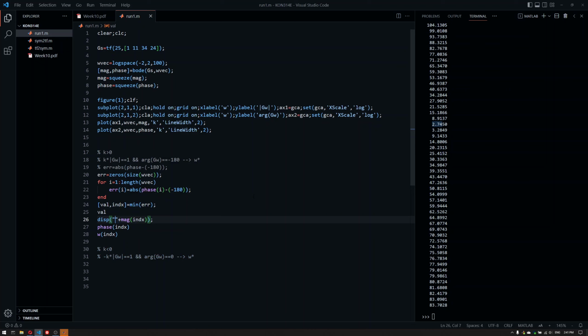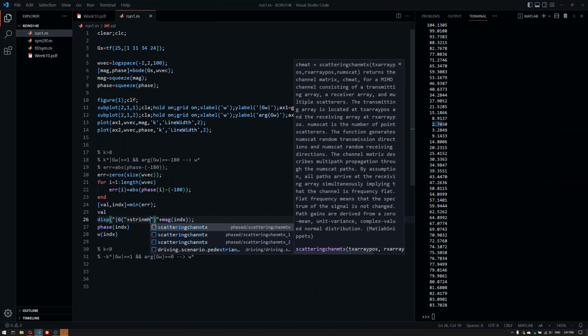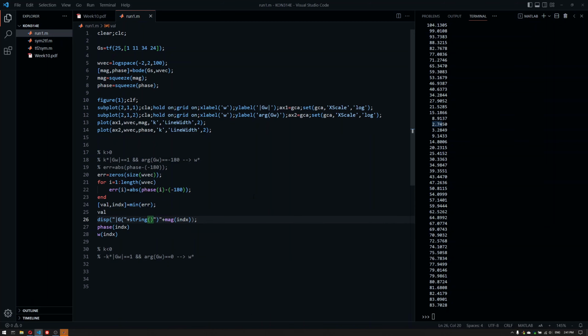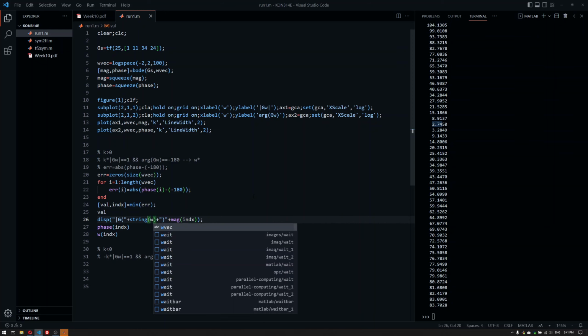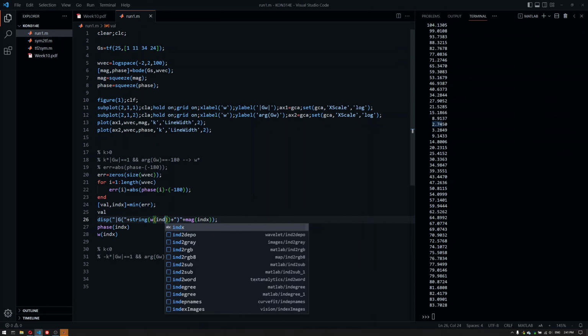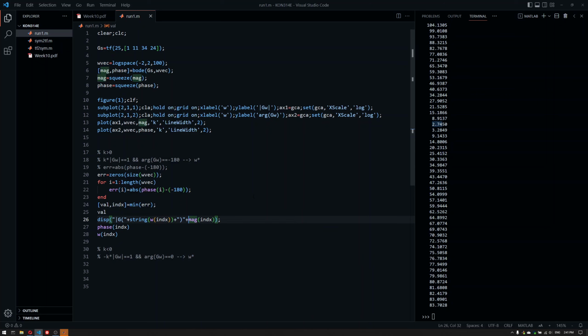So this is going to be the magnitude, so G. I can also generate this part, I guess, plus string, and then plus, and then back this, where we have omega index is going to be this one here. I guess we could also do this for phase.